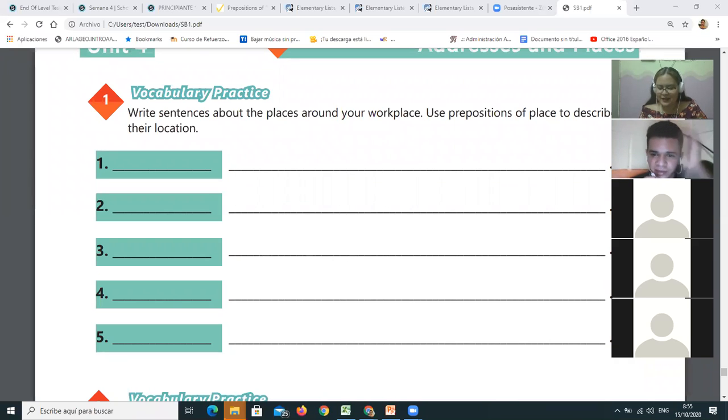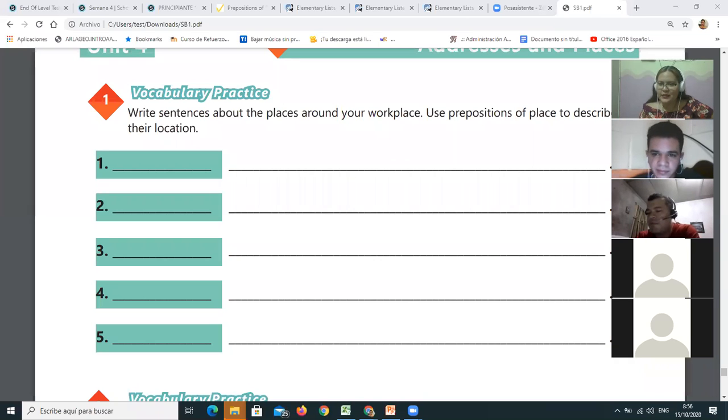There are two soccer fields after the mayor office. There is a supermarket in front of the shore. There is a school between the shore and the supermarket. Okay, good. So you talk about your house, or near your house.